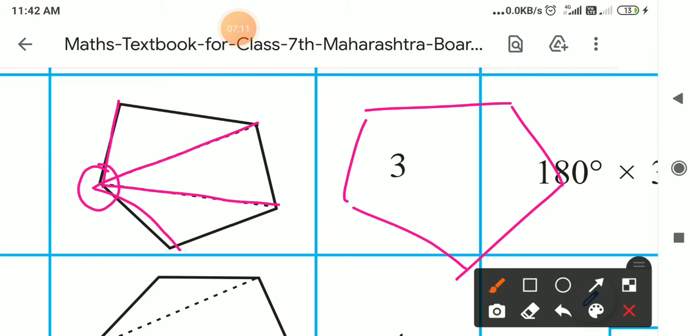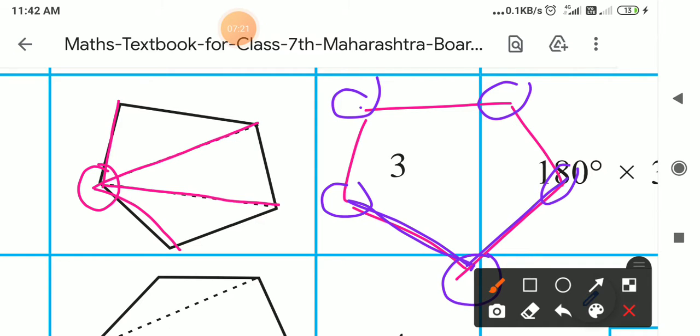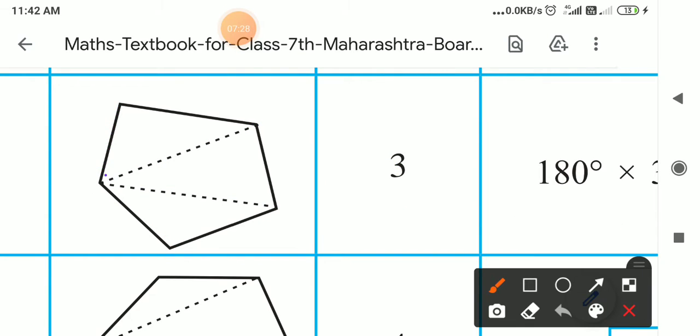I will select one of the vertices, suppose I choose this one. This pentagon has 5 vertices. If we join it here, 1, 2, 3 and 4. If we join all the other vertices with one vertex, how many triangles do we get? 1, 2 and 3 triangles we got.